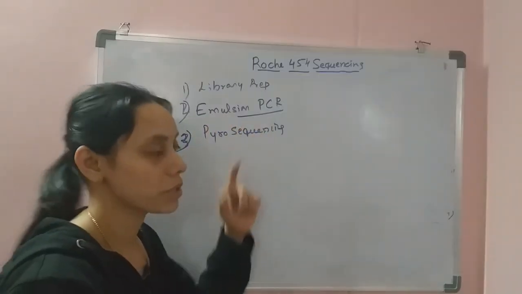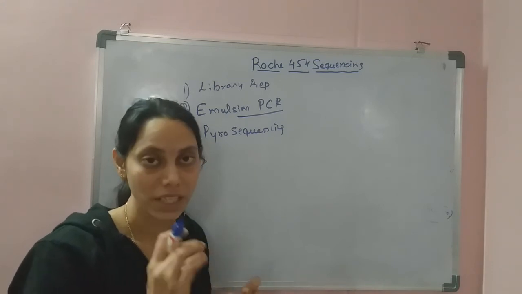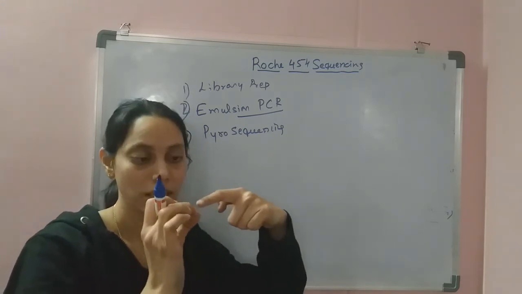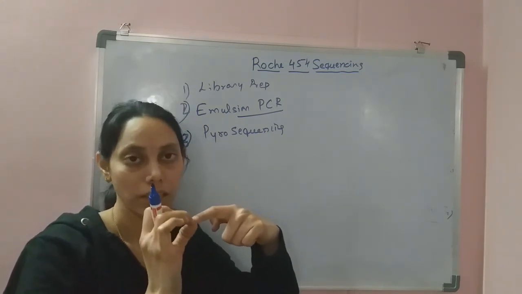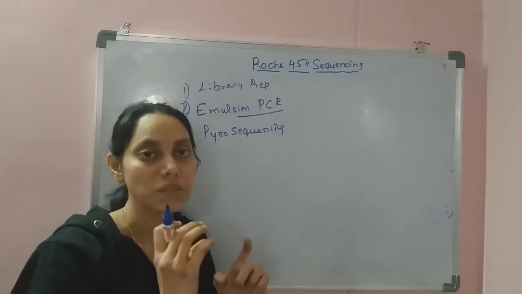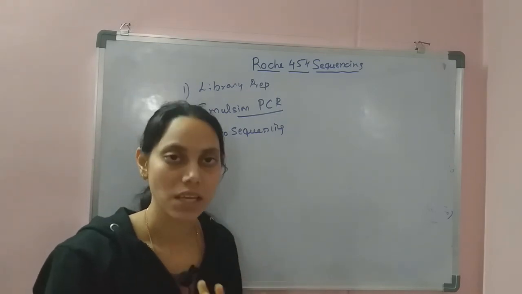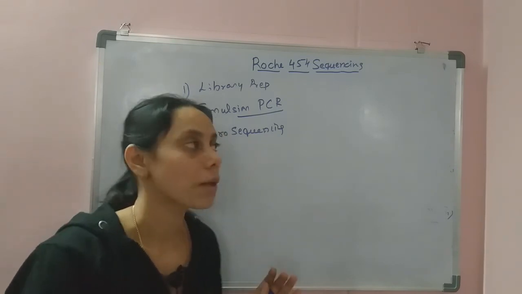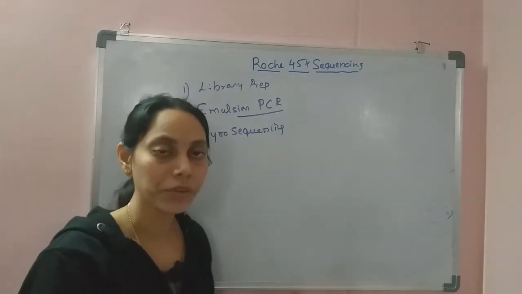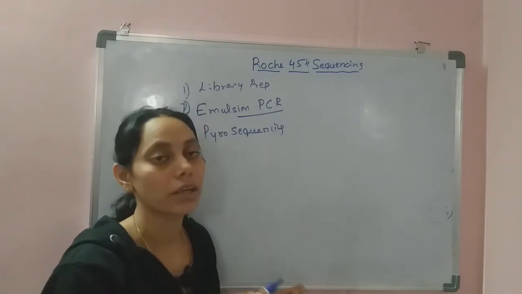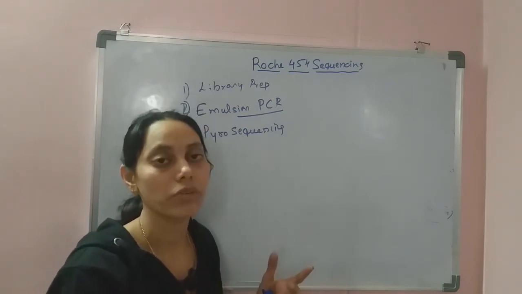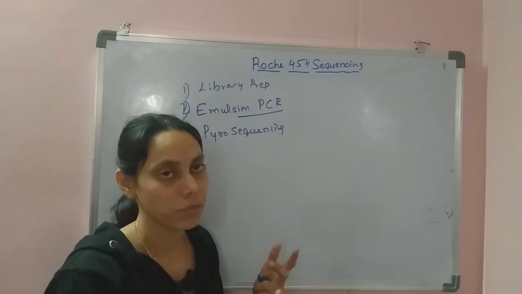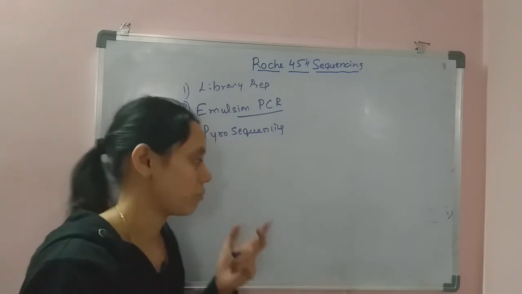During the emulsion PCR, the beads are attached to every single strand of the DNA fragment, and these beads are emulsified with PCR essentials, so that PCR amplification is carried out in this microreactor, and a very large number of copies are obtained from every piece.